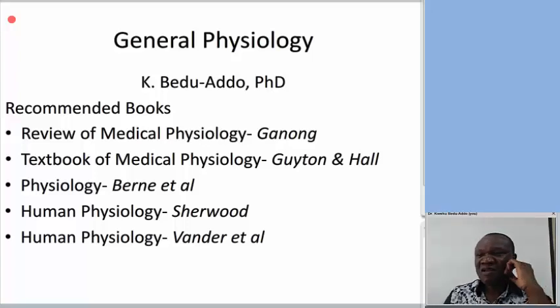There are certain books I would recommend that you get, not all of them, the most appropriate or the one you think it's best you understand. The books I recommend are Review of Medical Physiology by Ganong, Textbook of Medical Physiology by Guyton and Hall, Physiology by Berne et al., Human Physiology by Sherwood, Human Physiology by Vander et al.